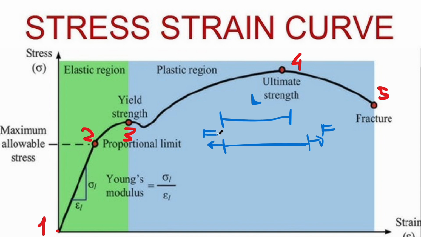L is the original length, and L1 is the length when we have two forces on both sides of this stick. Here the length increase is delta L.